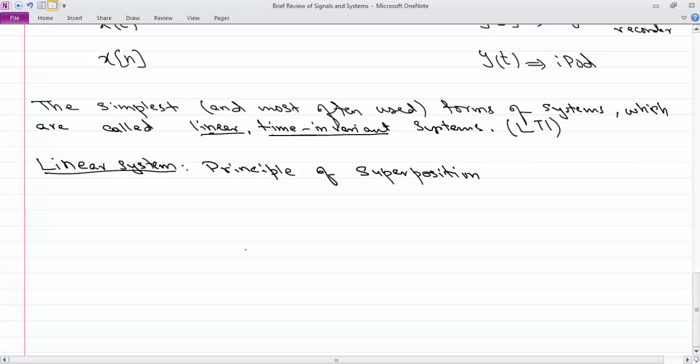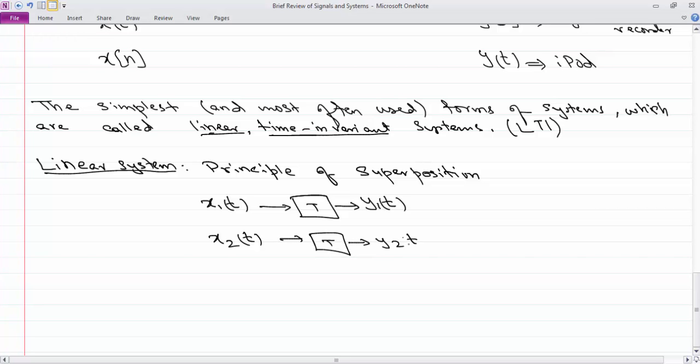What does that mean? That if you input x1 of t and your system generates an output y1 of t, and if you input x2 of t and it generates output y2 of t, then any combination of inputs should generate the same combination of outputs.